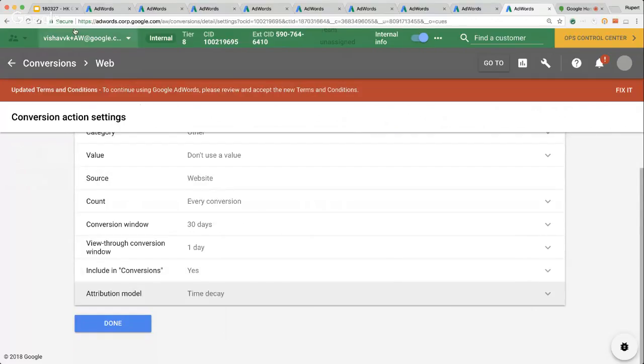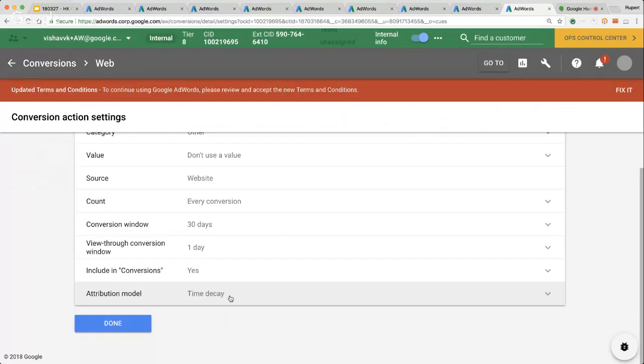A lot of the questions that we get from clients about attribution is what's going to happen after I make the changes. One is that you will still keep your historical data. Any data before today, you will still get those conversion numbers unchanged, so there won't be any impact to your historical data.